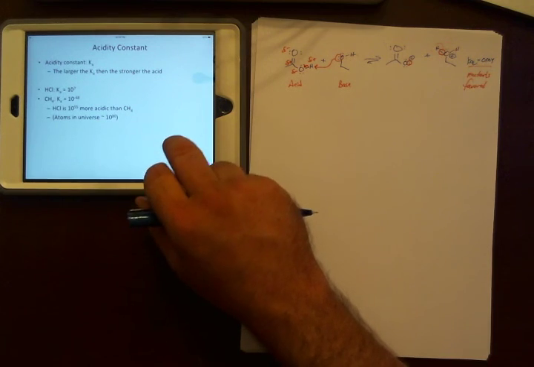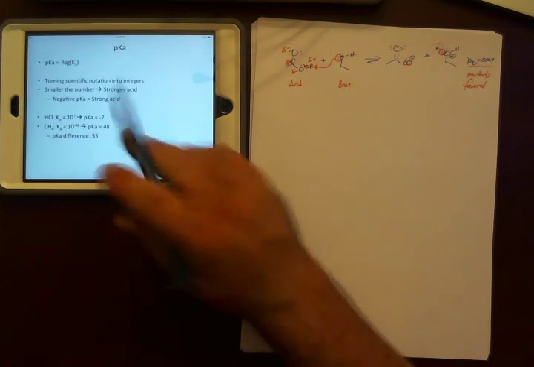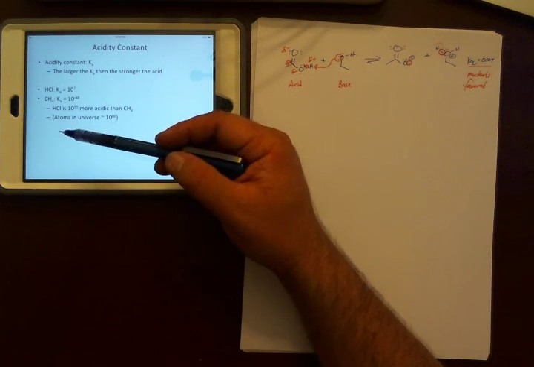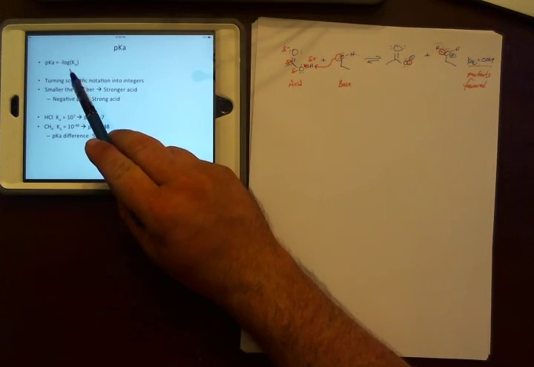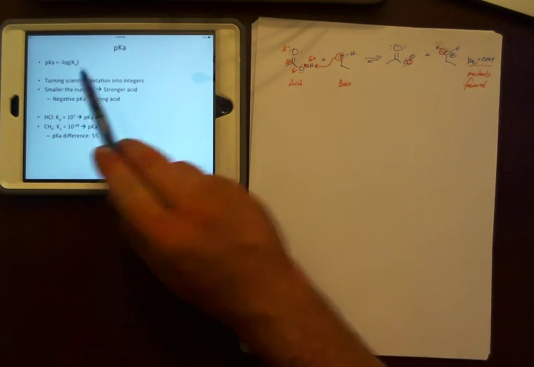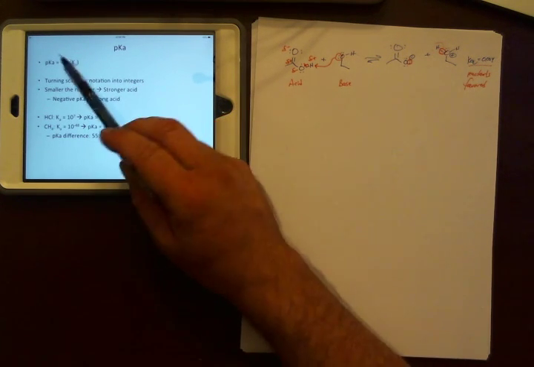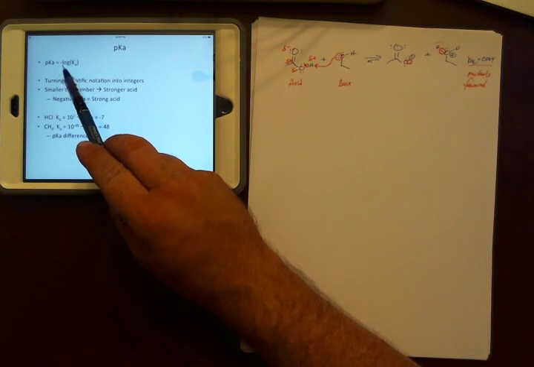But the problem is, scientists don't necessarily like dealing with these big powers like this. It's good to know, but it'd be nice to have a shorthand. So what they decided to do was to do the pKa. It's very similar to the pH. Whenever you see the p, that means you've taken the negative log of something.